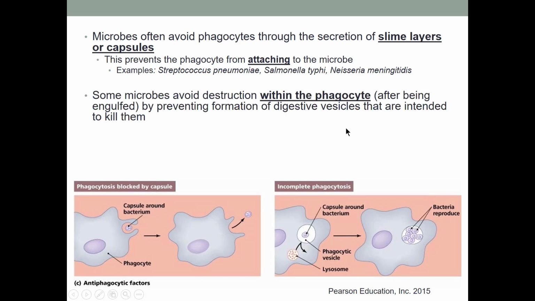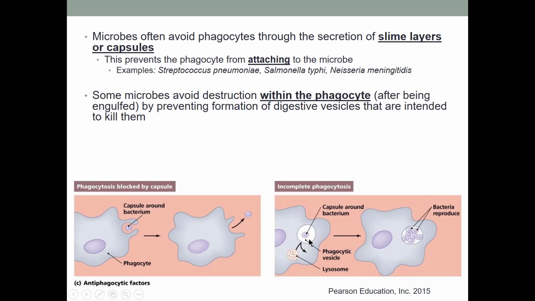Now, less common and even more nefarious, these are genuinely harmful pathogens. They can actually survive inside the phagocyte. The phagocyte will swallow the microbe and successfully do that, but inside there has to be a process by which the bacteria is fully digested.